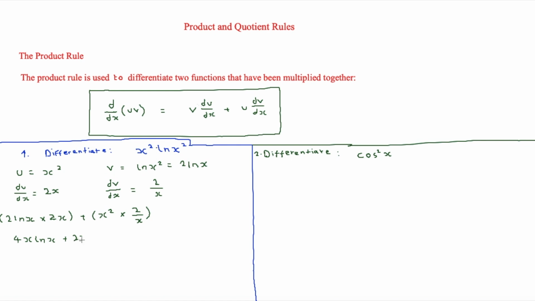So again, we probably could leave it as this now. However, what we're just going to be able to do to finally simplify it is take out a 2x. So that means we're going to have 2x there, and then that is going to be 2 ln x plus 1.